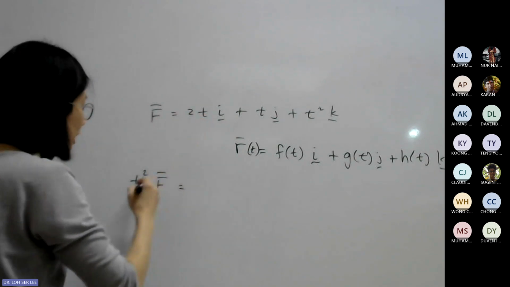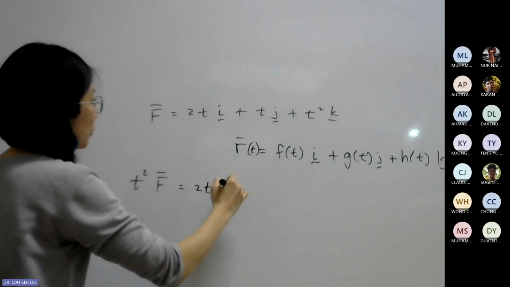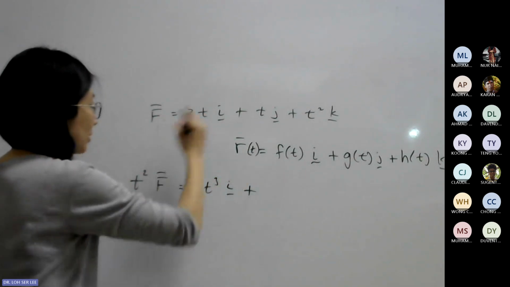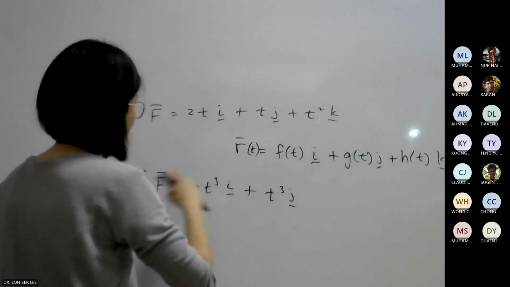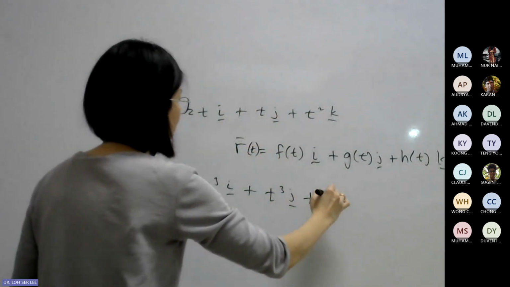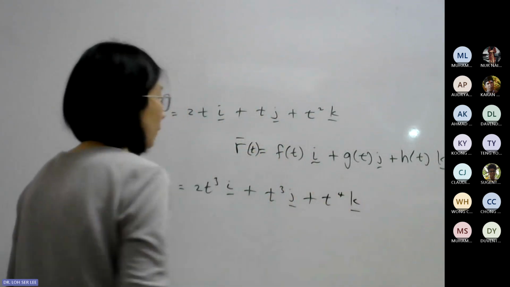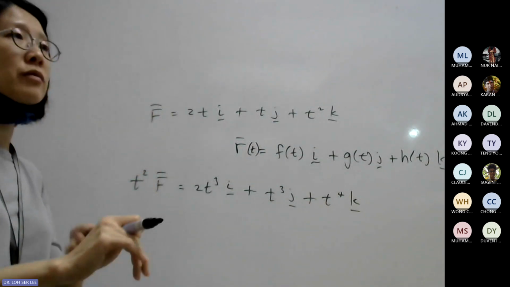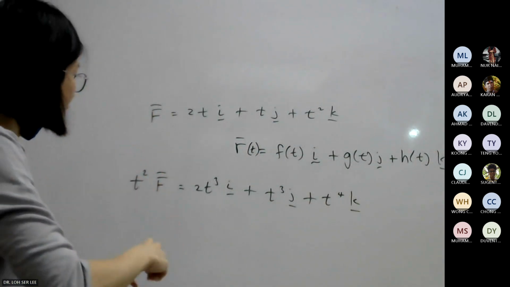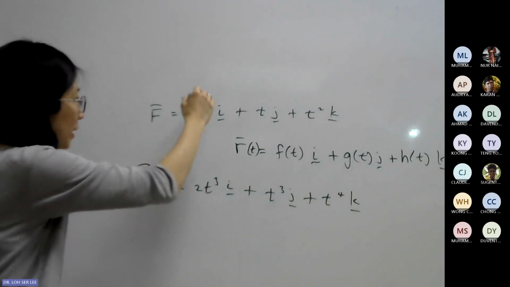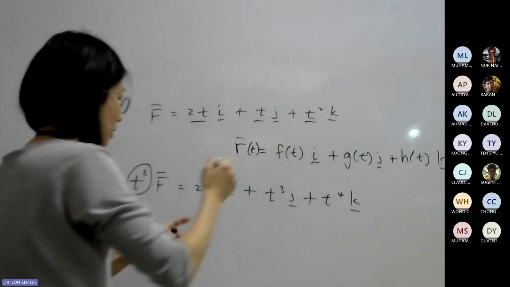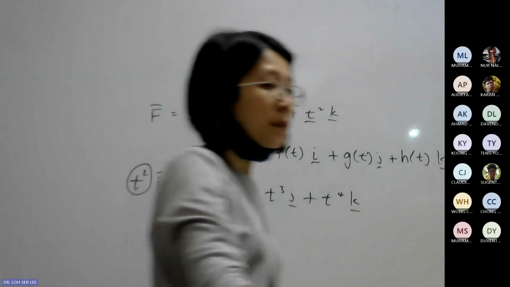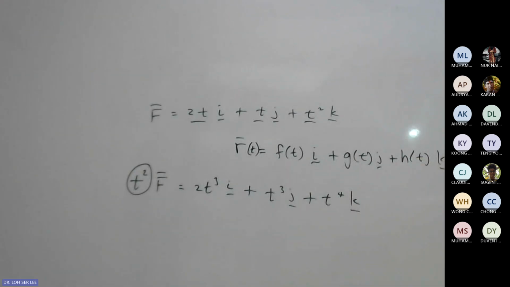So you have 2t cubed i plus t cubed j plus t to the power of 4 k. This is how we multiply a scalar function by a vector valued function.